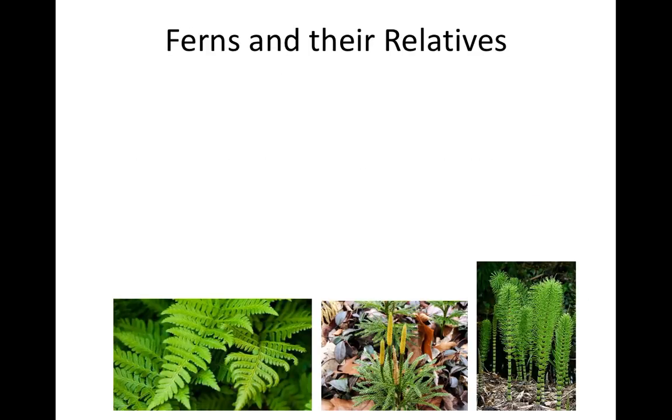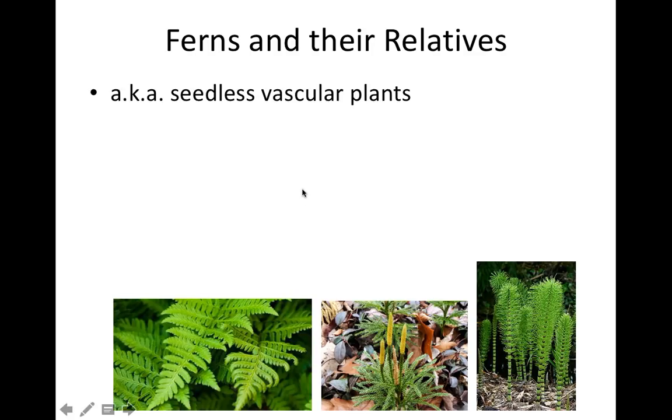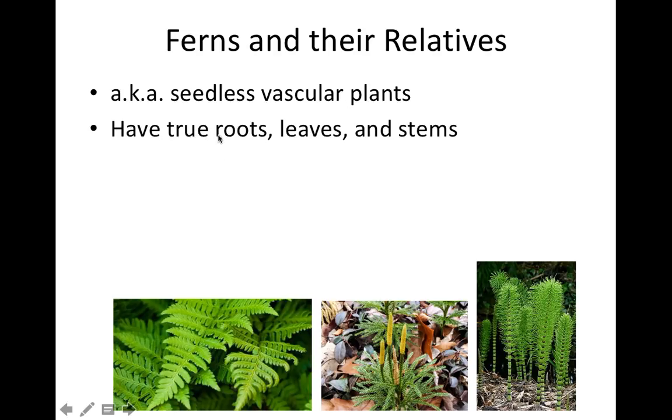Okay, and so the development of these specialized cells marks the beginning of this new group, which is ferns as well as their relatives. We refer to this group as seedless vascular plants, and that describes the main characteristics. They are vascular, so they have true roots, true leaves, and stems that all have this vascular tissue, these tracheids, in them.